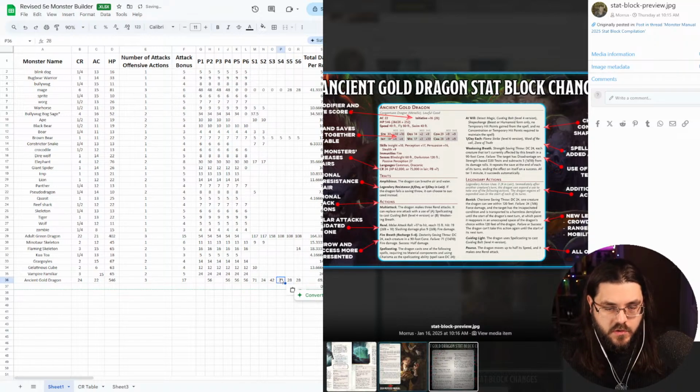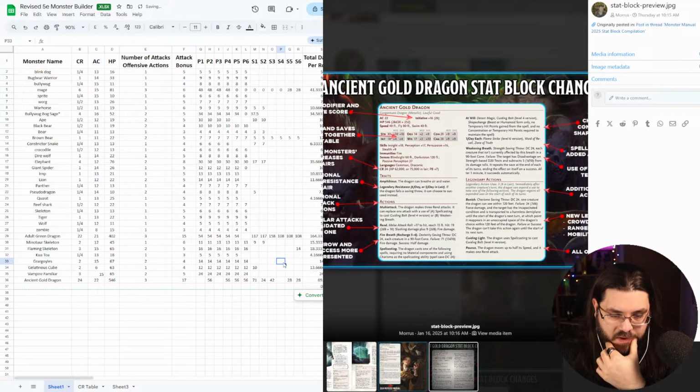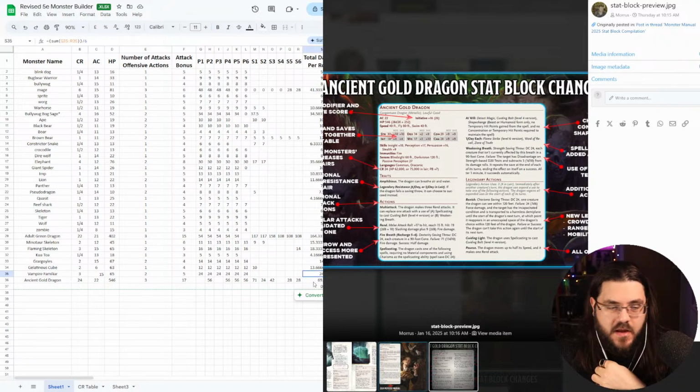Round 4, it would use just all rends, right? No, round 4 it's using its weakening breath. There we go. And then round 5 and 6 it's using rends. Ancient Gold Dragon's damage output is not as spicy. Not as spicy at all.